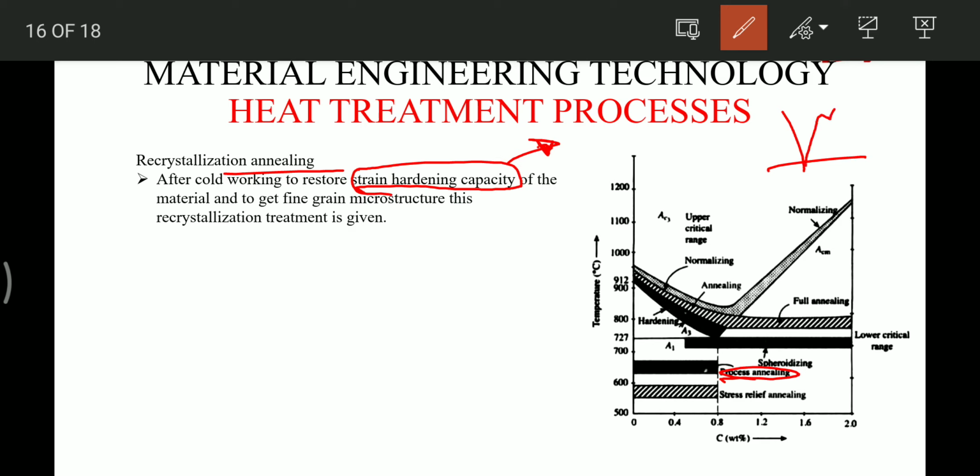Okay friends, this has to do with that curve. So just keep this in mind, and I will explain it when we study that curve. After cold work, to restore the strain hardening capacity of the material and to get the grain microstructure, this recrystallization treatment is given.